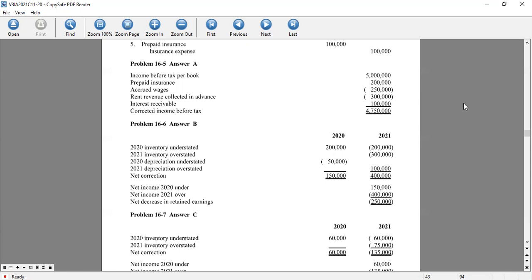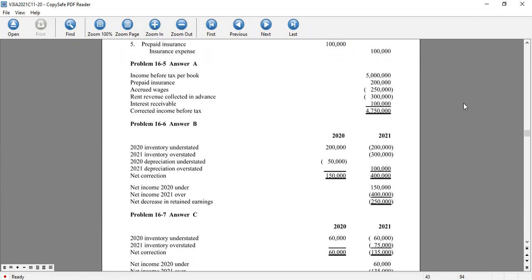Now for the corrections to retained earnings in 2021, we have the net correction of 400,000, and the net income in 2020 of 150,000. Okay, now in problem 16-7, prior to any adjustments for the errors and ignoring income tax, what amount should be reported as the net effect of the errors on retained earnings on January 1, 2022?